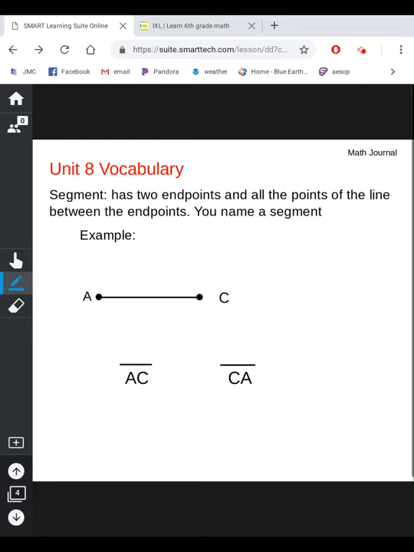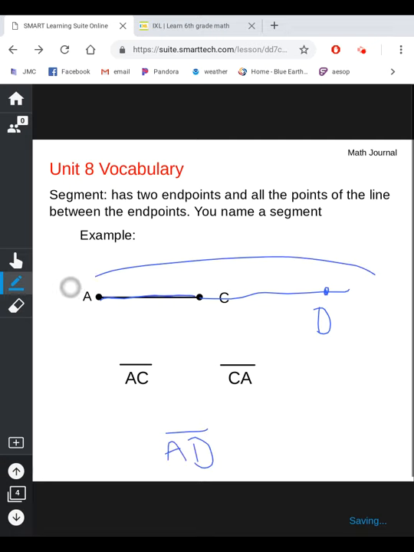So if I were to continue this line and have another segment, I could have segment AC, which is this line right here, or CA, and you'll see that the segment is just a plain line with no arrows because it does end at the points. Or I could do segment AD, which would be this entire line.